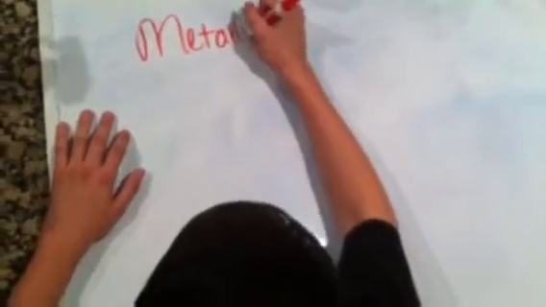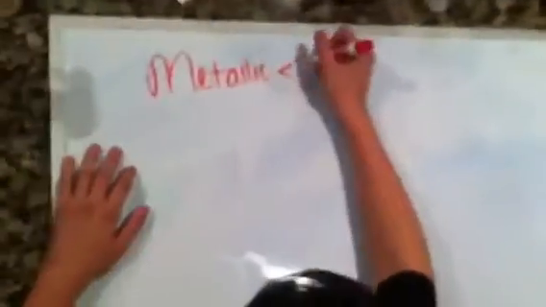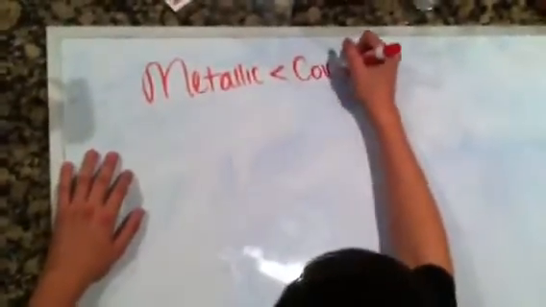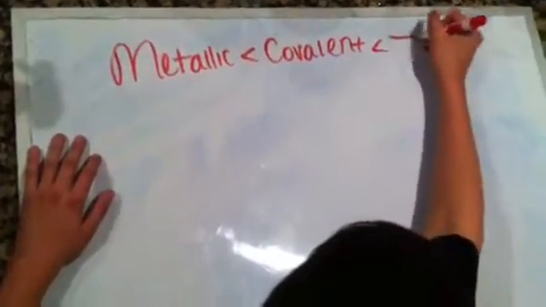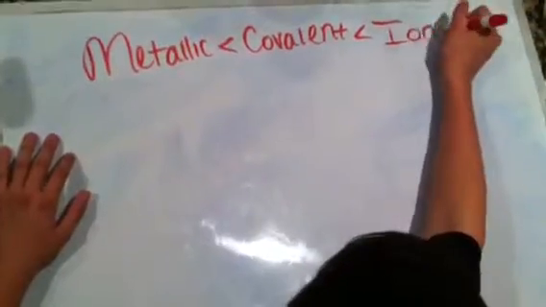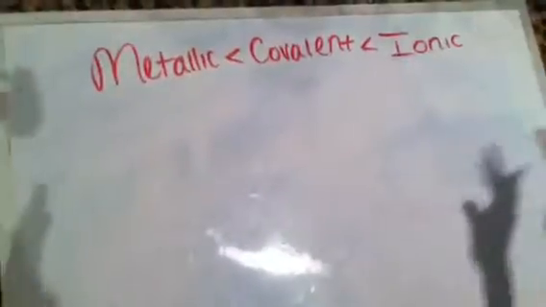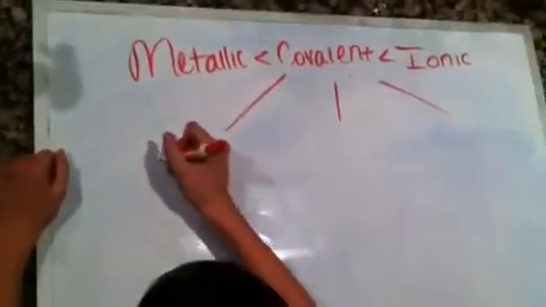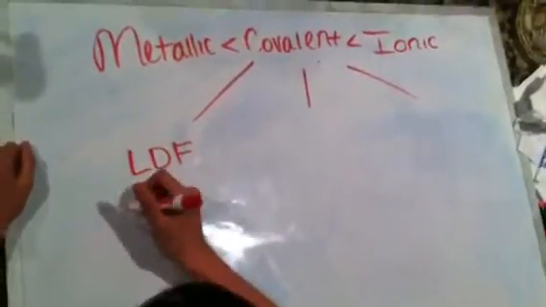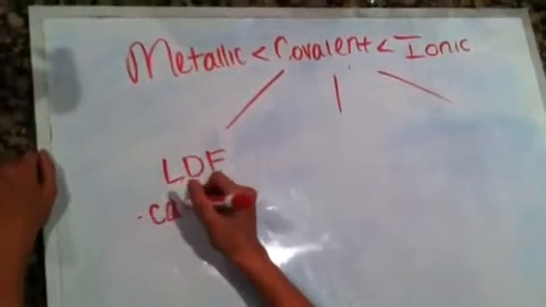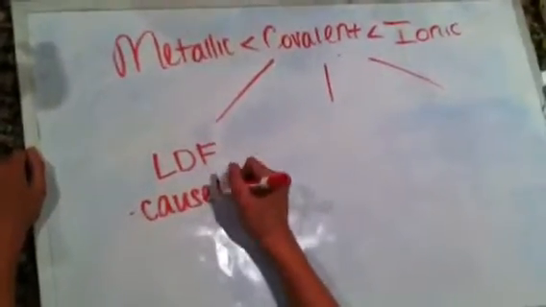Now, for IMF strength-wise, from least to greatest goes metallic, covalent, and then ionic. Now, there are three subcategories for covalent, one of them being LDF, which is London dispersion force.